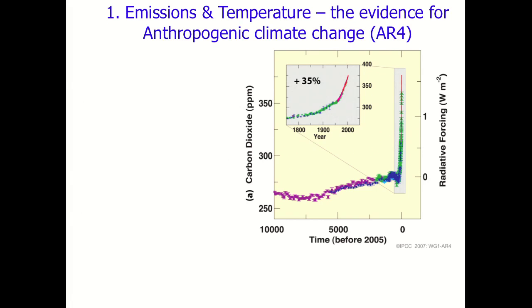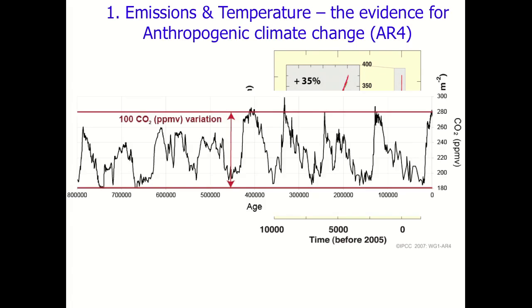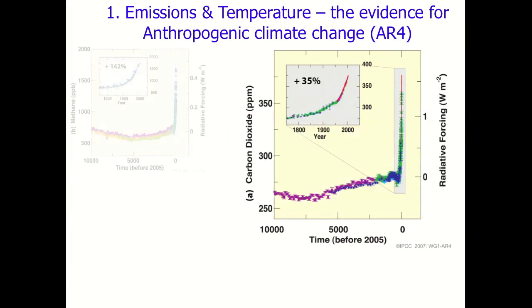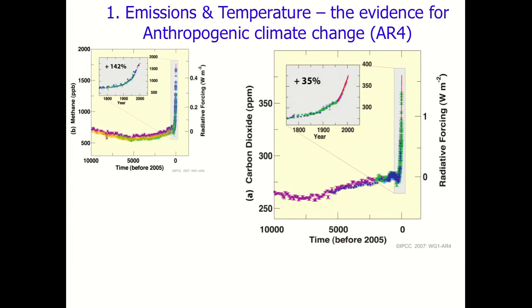So the atmospheric concentrations of CO2 and methane, shown on the left there, far exceed the natural range over the last 650,000 years.